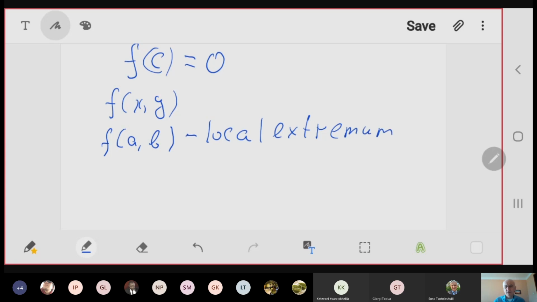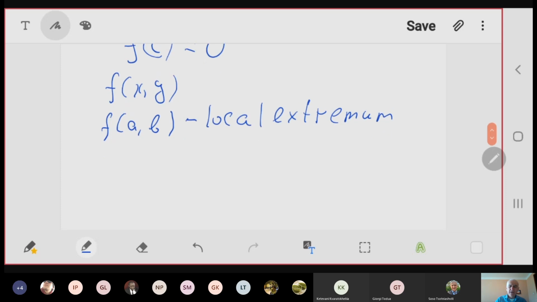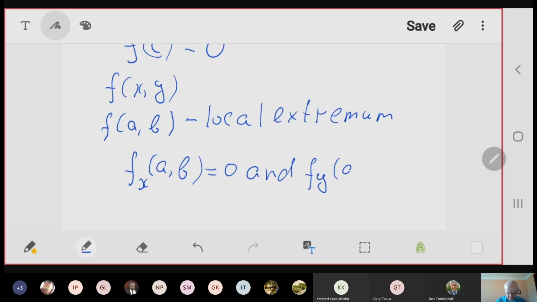Local extremum, we know, is a local maximum or local minimum. So in this case, from the fact that f(a,b) is a local extremum, it implies that both partial derivatives f_x(a,b) equals 0 and f_y(a,b) also equals 0.